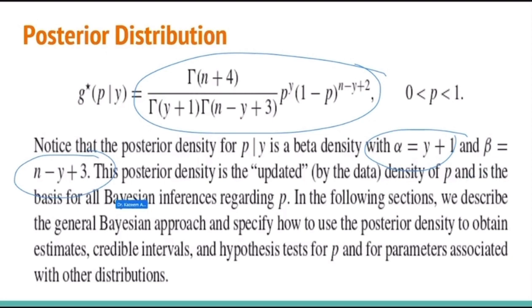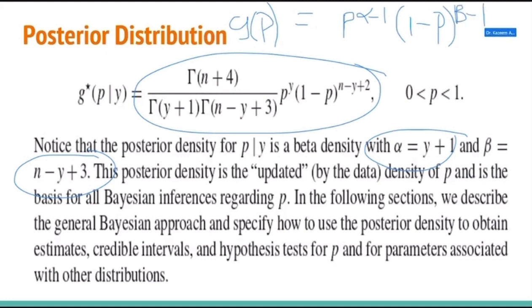The one we had before, when you talk about the prior, is p raised to power alpha minus 1, 1 minus p raised to power beta minus 1. We're writing that as gamma alpha, gamma beta, and here, give me 1 second. Let me create a space.